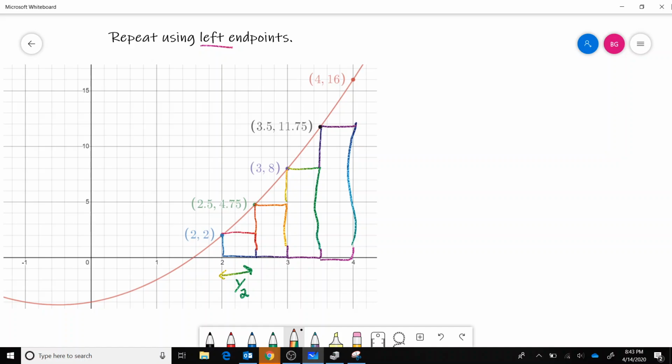So this first rectangle here is going to have a base of 1/2 and a height of 2. That guy's got an area of 1. The next guy has a base of 1/2 as well, and he's got a height of 4.75. So he's got an area of 2.375.